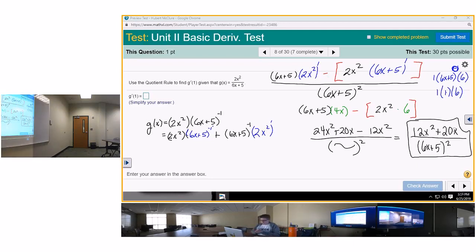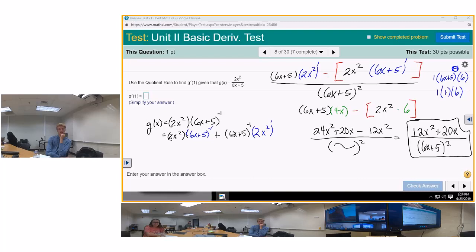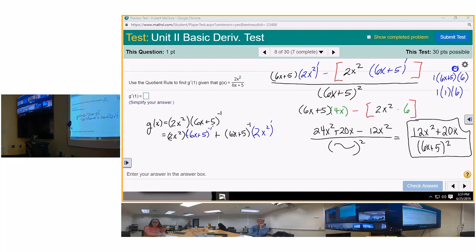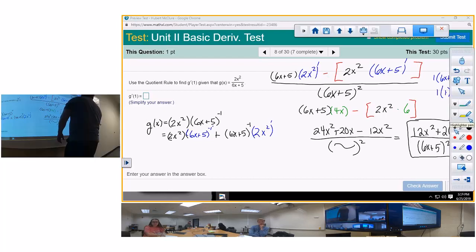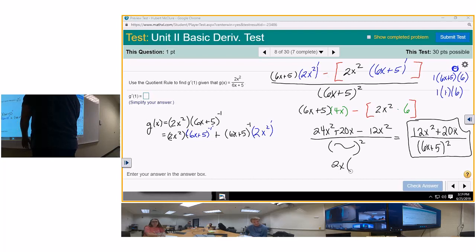If you pull out a 2x, it'll cancel. It will? Because you can pull a 2x out. Okay. Yes. Okay, thank you. Well, I've started to say 2x, and somebody got me on 4x. Thanks, Miss Rudiker. It's your fault. 2x, and that would give me 6x plus 5. No, it won't.